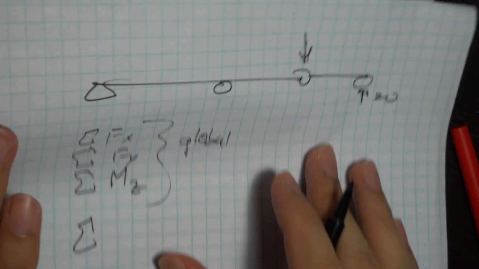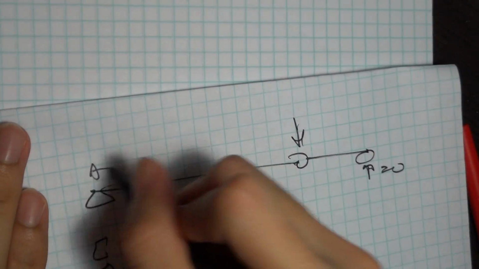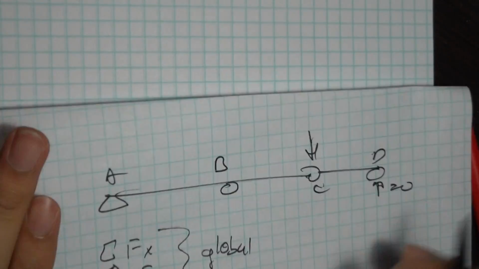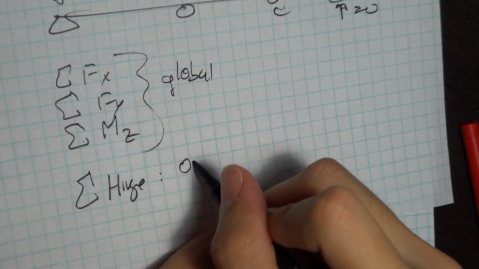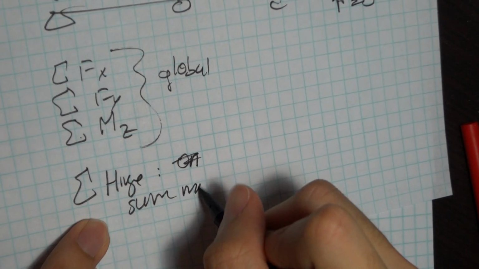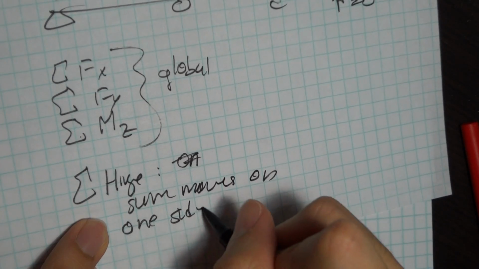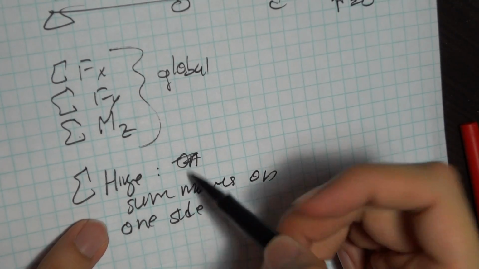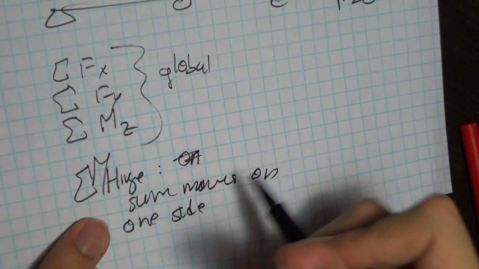Then your moment about the hinge, so let's call this A, B, C, and D, you only need to look at the sum of moments on one side or the other. You do not need to check both of them. That's what distinguishes this Mz from this MH.